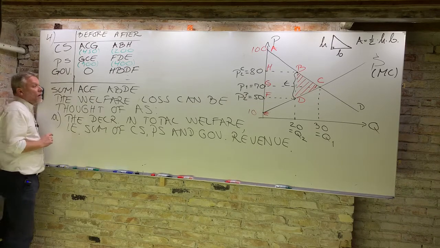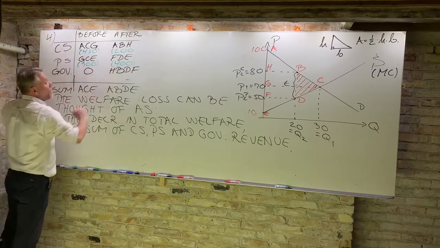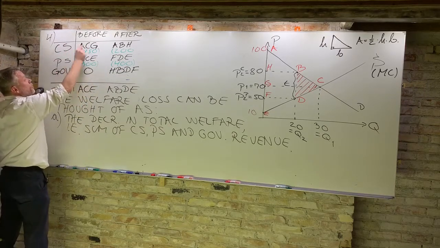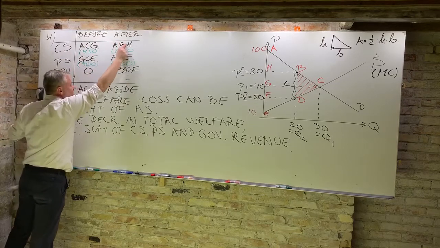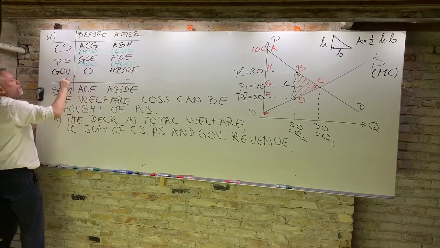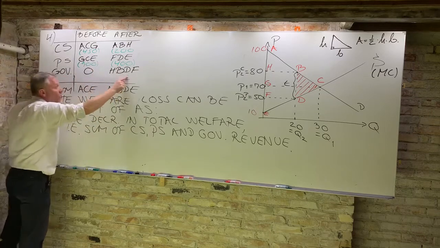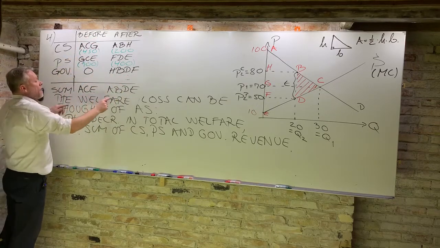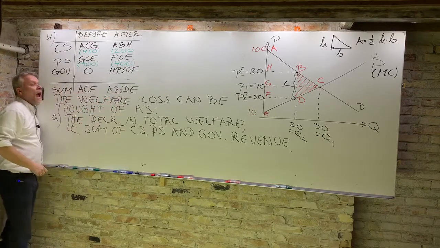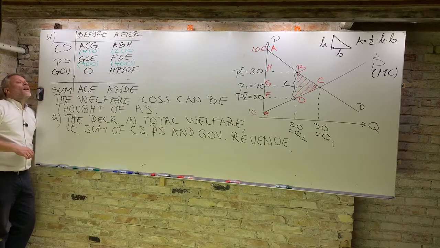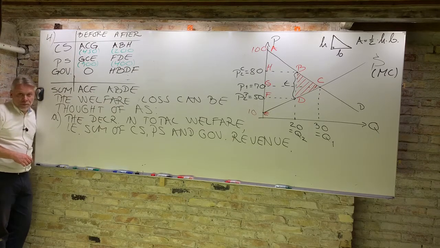because the way we have found the welfare loss until now has been by first identifying, on the sketch, consumer surplus before and after, then producer surplus before and after, and then government revenue before and after. Then we have added it all together, finding total welfare, and compared those two, and the welfare loss is the difference. However, it takes quite a long time.